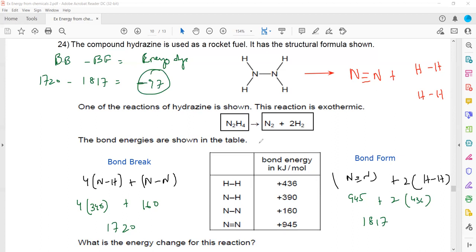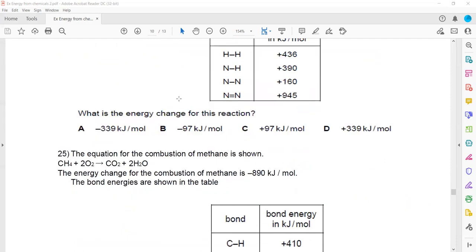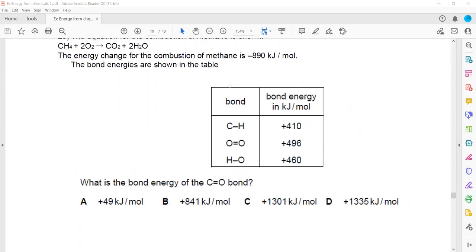So if you are getting a negative answer, it means the reaction is exothermic, and it is already mentioned. And whenever something is used as a fuel, the reaction must be exothermic so that it releases energy. So the final answer is minus 97 kilojoule per mole.